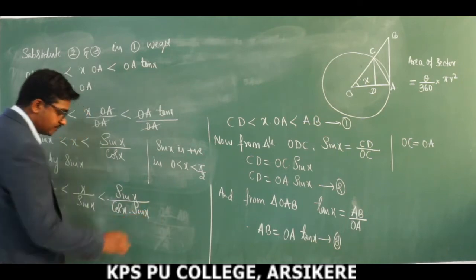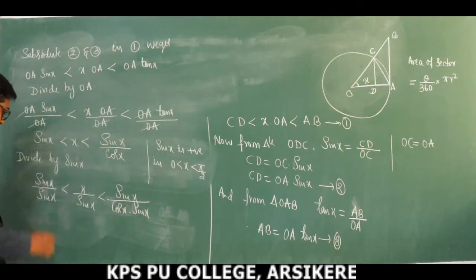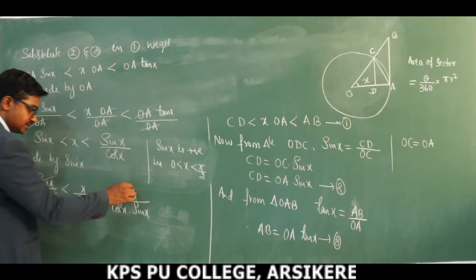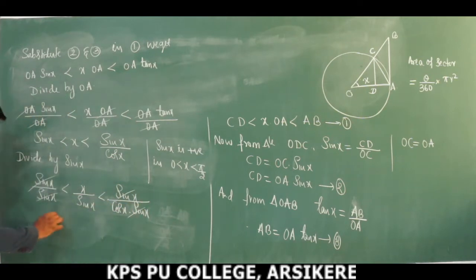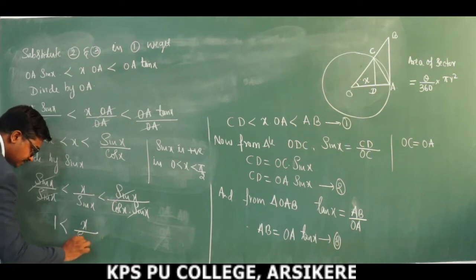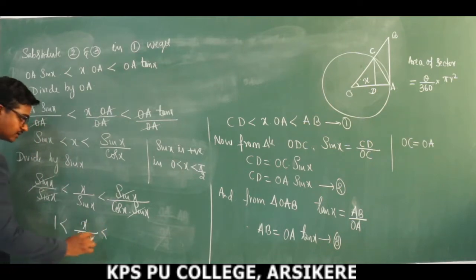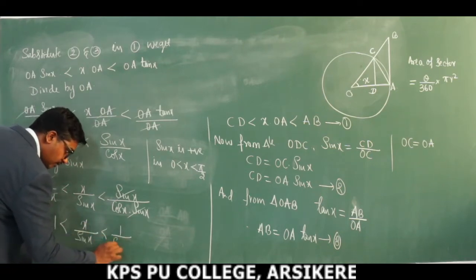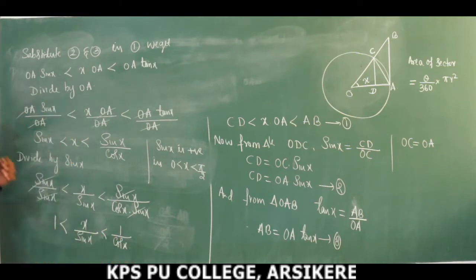We are dividing by sin x. Here sin x and sin x get cancelled, here sin x and sin x get cancelled. Here we are left with 1 less than x divided by sin x less than 1 divided by cos x.